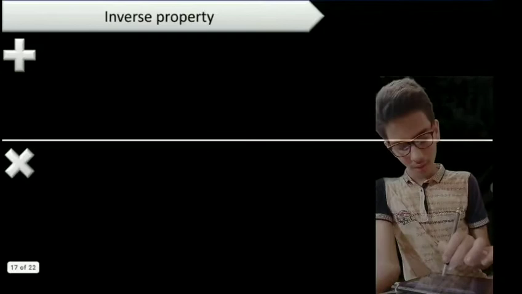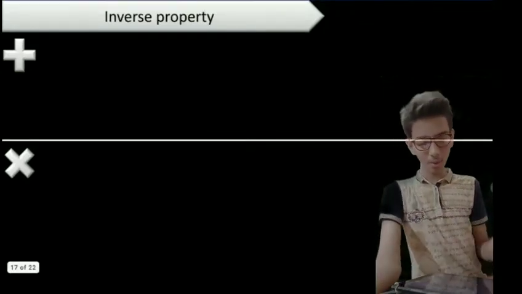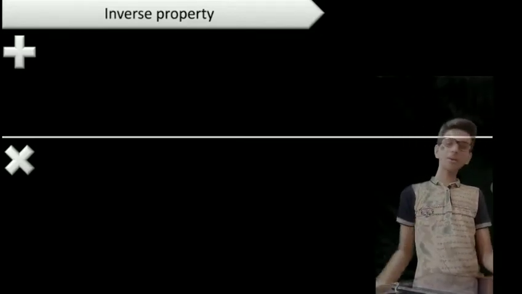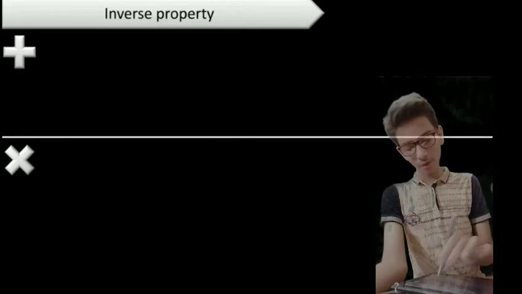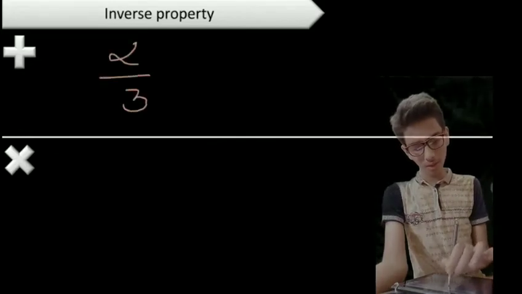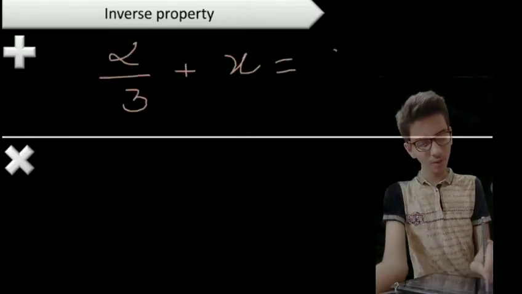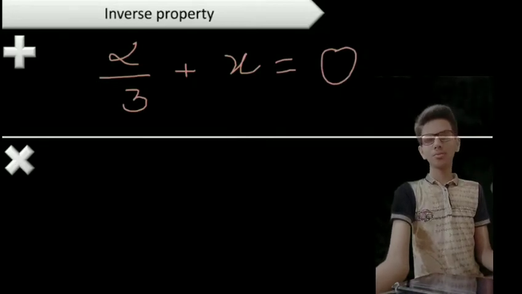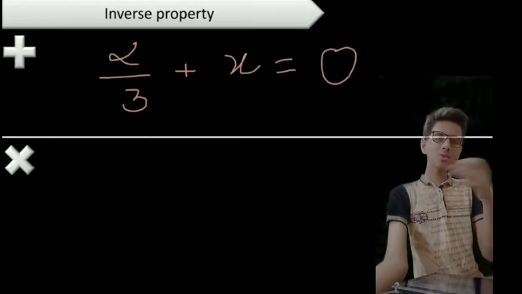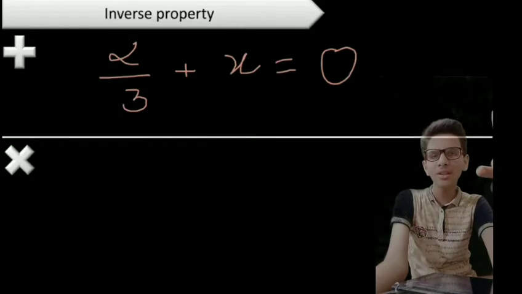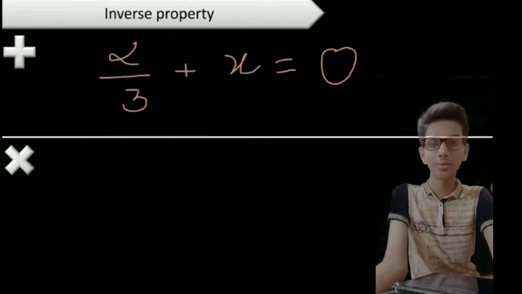Now another similar thing, inverse property. We are going to add such a number that you get 0. So if I take the same example, 2 by 3 plus what will give you 0? If you add something to 2 by 3, it should give you a number that is greater than 2 by 3, right?